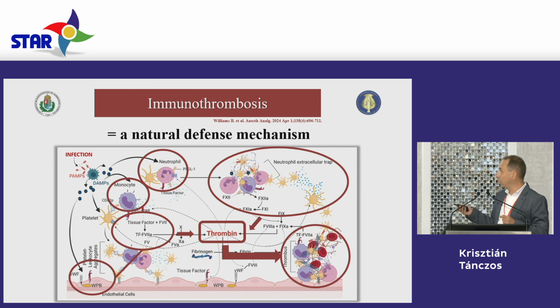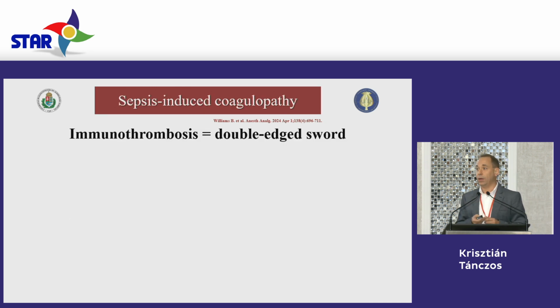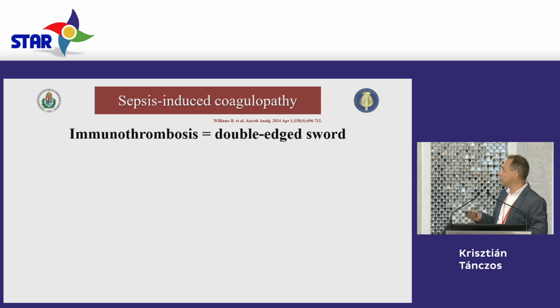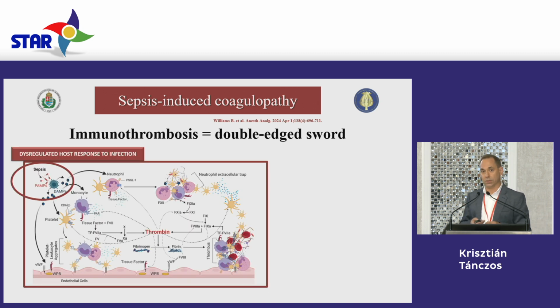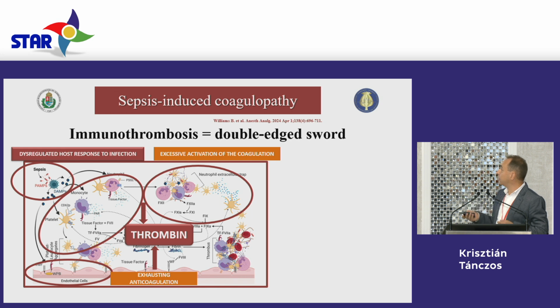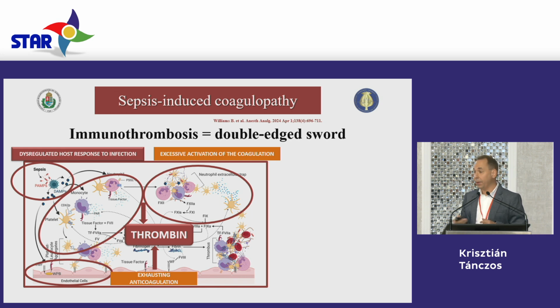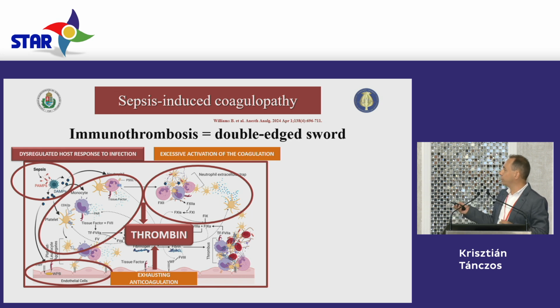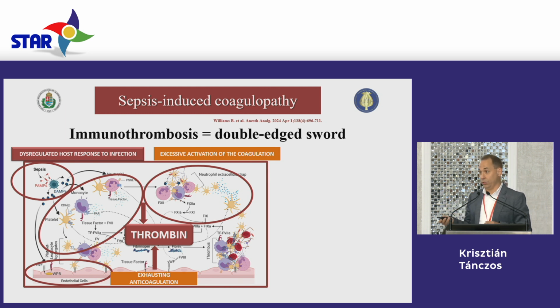However, we need to know that this immunothrombosis can serve as a double-edged sword as well. In severe sepsis, the dysregulated host response will release a huge amount of pro-inflammatory cytokines, and then these cytokines will trigger a superactivation of our coagulation system, along with the depletion of the anticoagulants due to endothelial cell injury.